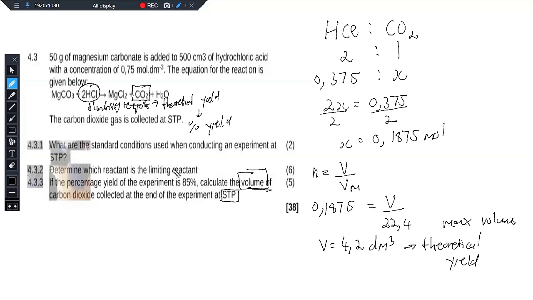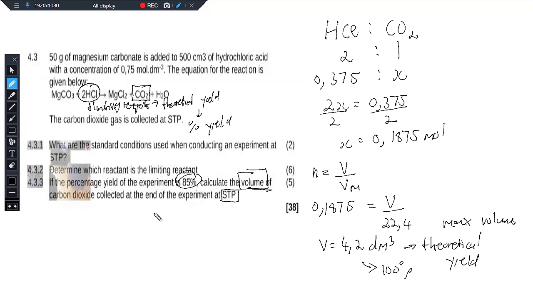But then remember, they said the percentage yield is 85%. So that means actually what was produced is 85%. We were expecting 4.2 dm cube, which would be representing 100%. But then what was produced is 85% of this. So in order to get the volume that was actually produced, we need to calculate 85% of the 4.2, because the 4.2 here represents the maximum, which means it's the 100% of everything.